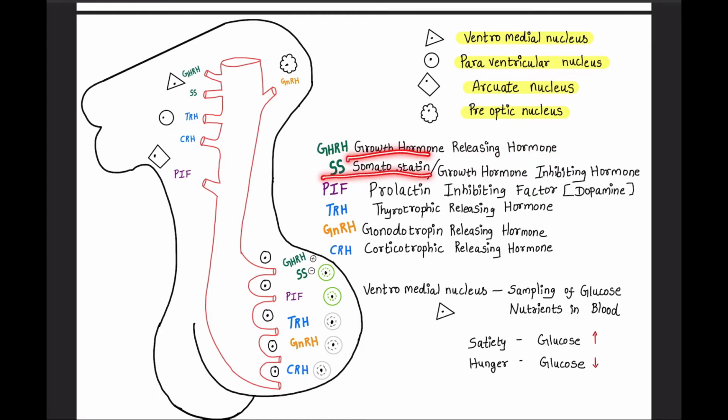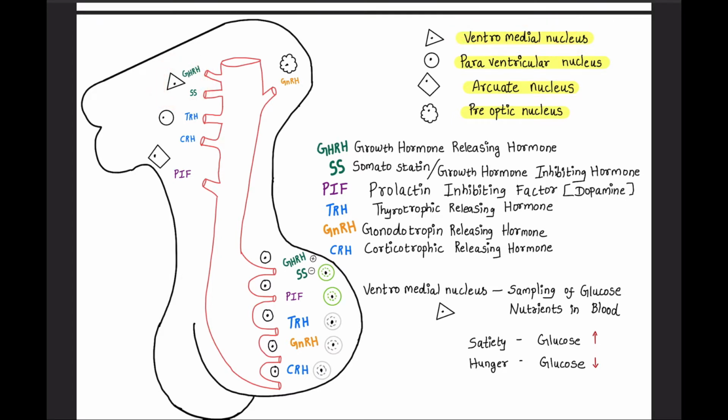So what is somatostatin? Somatostatin, in other words, is growth hormone inhibiting hormone. So this ventromedial nucleus releases two hormones.